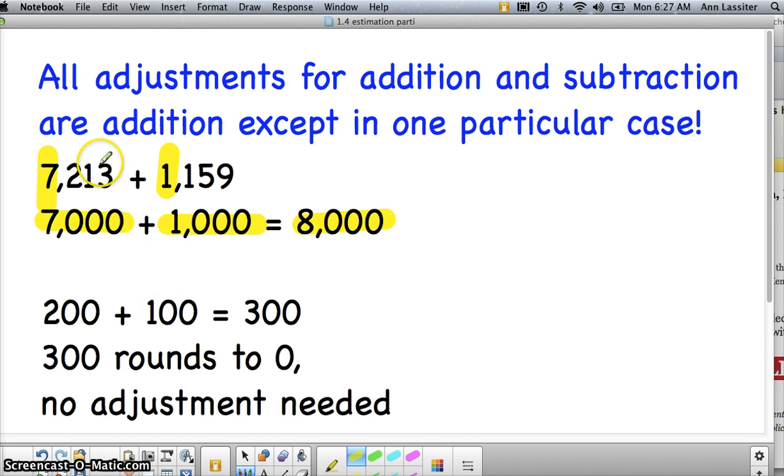We then look at the hundreds, the 2 and the 1, so we have 200 plus 100 for a total of 300. 300 is closer to 0 than it is to 1,000. So we say 300 rounds to 0, so no adjustment is needed because when you add 0, you're not adding anything.